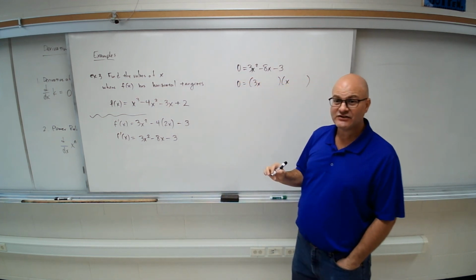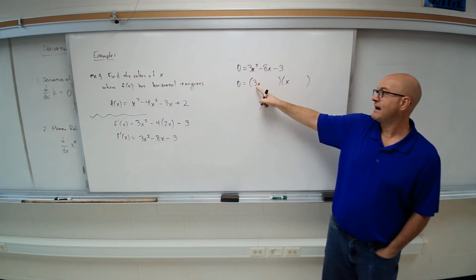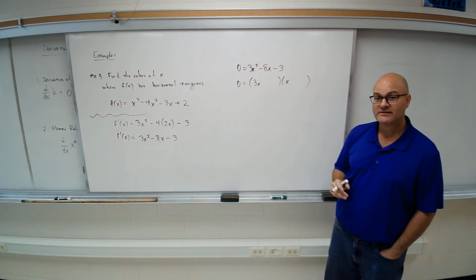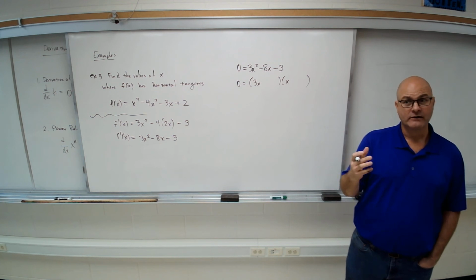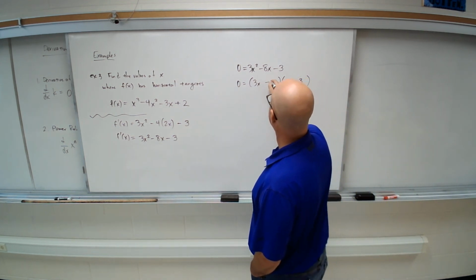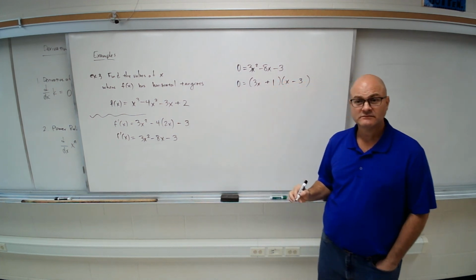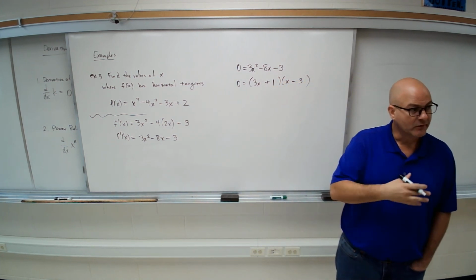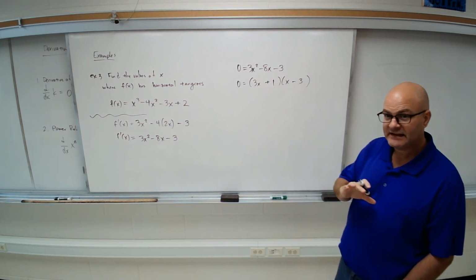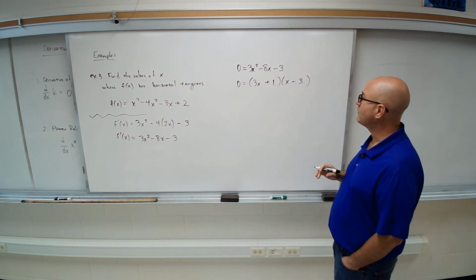I'm just going to guess and check because I know that 3x squared has to be a 3x and an x. I know that negative 3 is the constant term, so it has to be a negative 1 and a 3 or a 3 and a negative 1. So what do we get? 3x plus 1, x minus 3. You could split the middle, you could do a tic-tac-toe board, you could get out factoring tiles, whatever method you use.